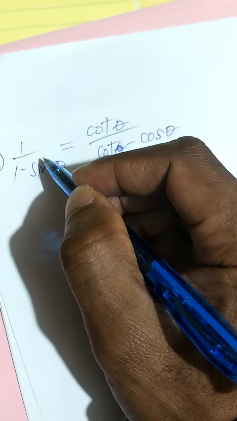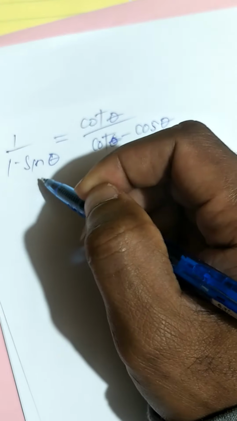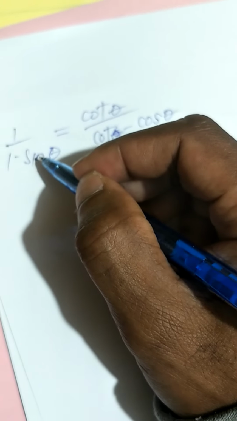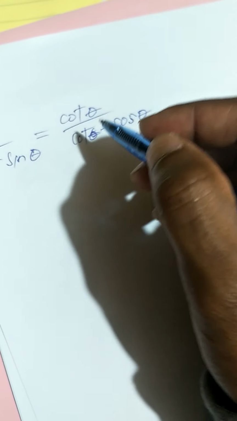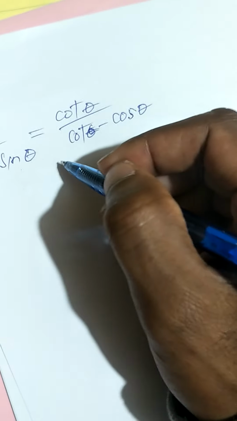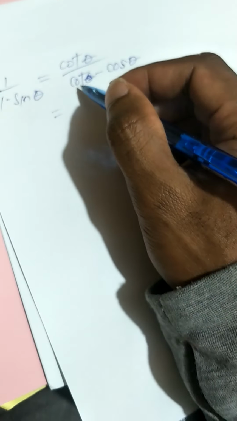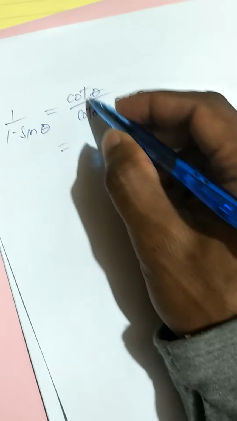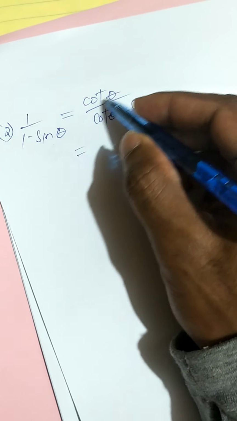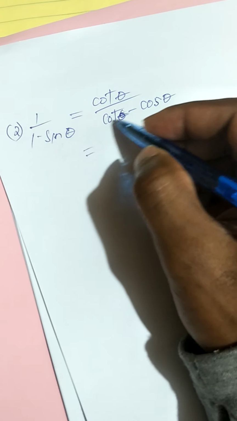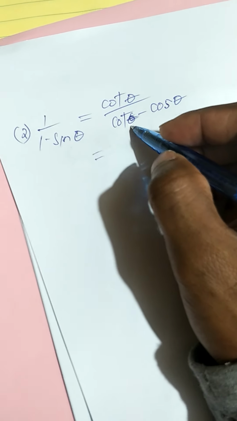And another thing, like I said, whether I'm going to start from the right or left. So in my case I'm going to start from the right to make it equal to the left. Okay, so what is the relationship of cotangent theta in the numerator and the denominator minus cosine theta?